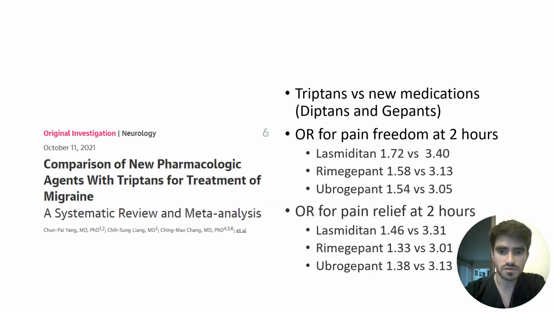And this is a result of another interesting study, which sort of backs up the information I mentioned previously, that triptans are generally more effective for treating migraines than the newer medications. That is the reason we reserve lasmiditan and the use of CGRP inhibitors for people who do not respond to the first lines of treatment.